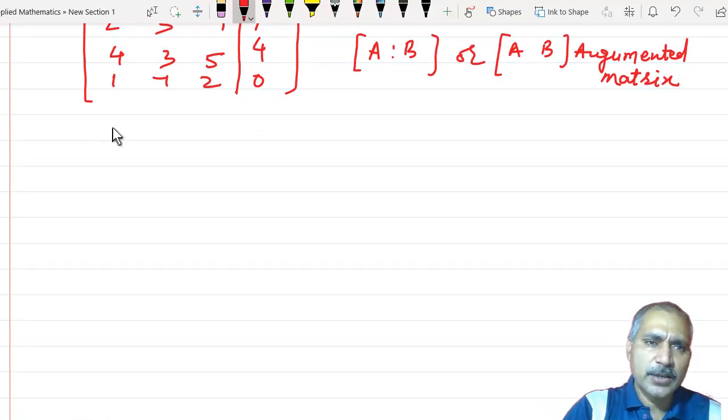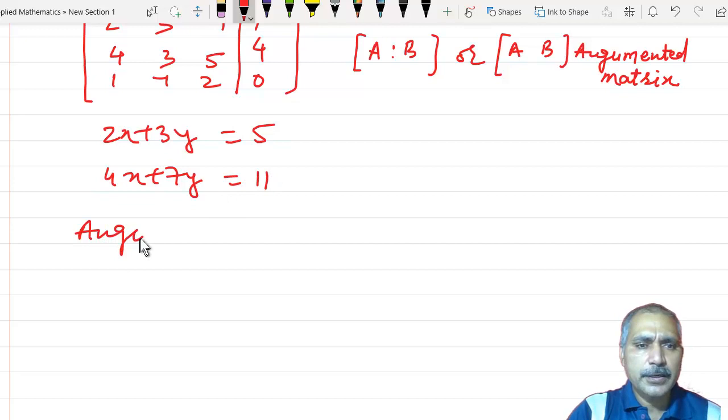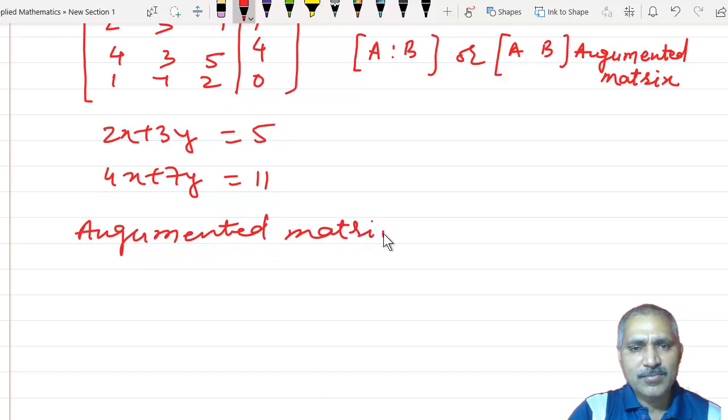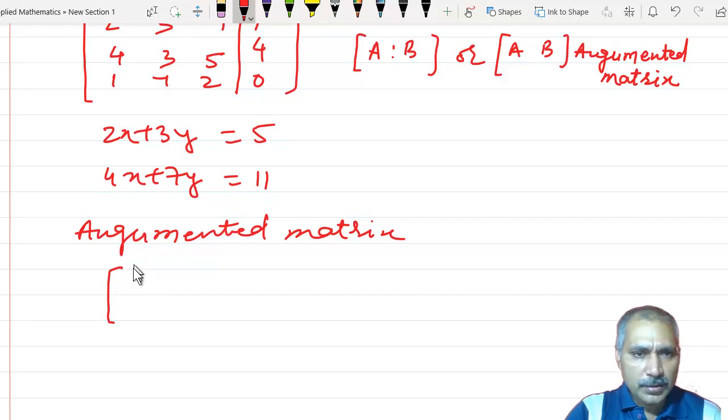Let us take the equations 2x plus 3y is equal to 5, 4x plus 7y is equal to 11. Then we write the augmented matrix: the first column is the x values, 2 and 4, the second column is the y values, 3 and 7.